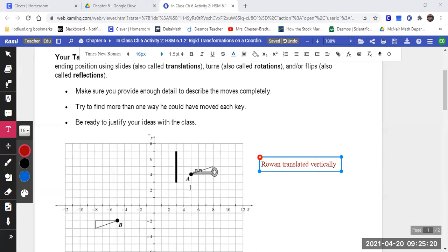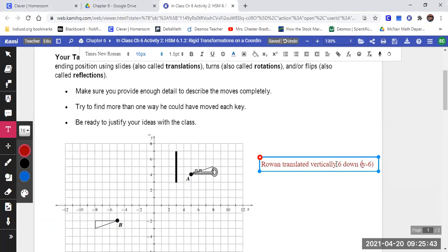How many? 1, 2, 3, 4, 5, 6. Good. 6 down. Okay. Which gets us y minus 6 happening.